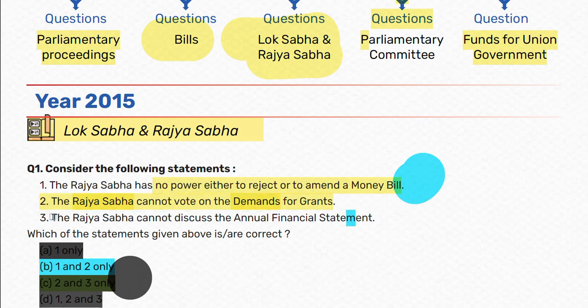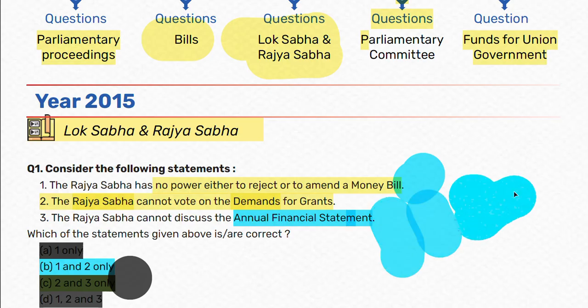Now, the third statement: the Rajya Sabha cannot discuss the annual financial statement. This is incorrect. The annual financial statement is basically the budget under Article 112, which is mandatory by the Constitution, and the Union government has to present it before Parliament.